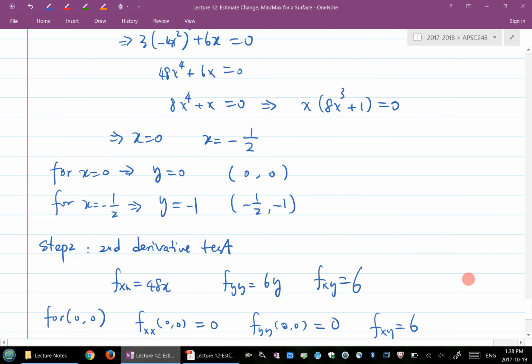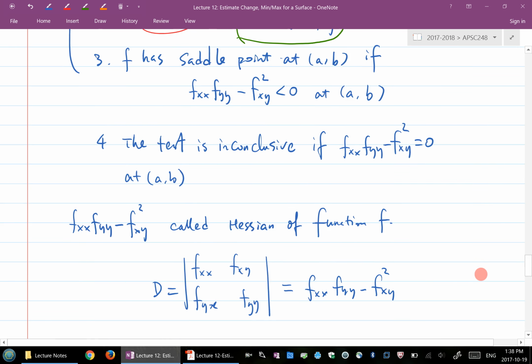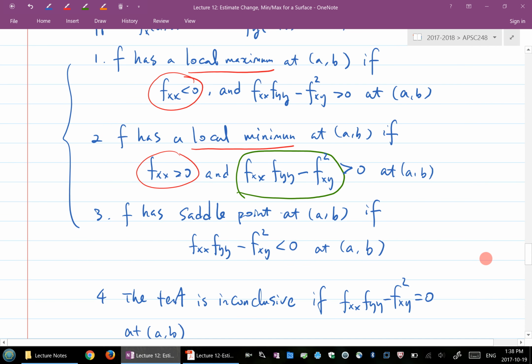So then you look at theorem number 2. Okay, so fxx fyy minus fxy squared is greater than 0. So that's great. There's got to be one of case 1 and case 2. Then you look at the sign of fxx here. What's fxx again? It's -24. So it's less than 0.